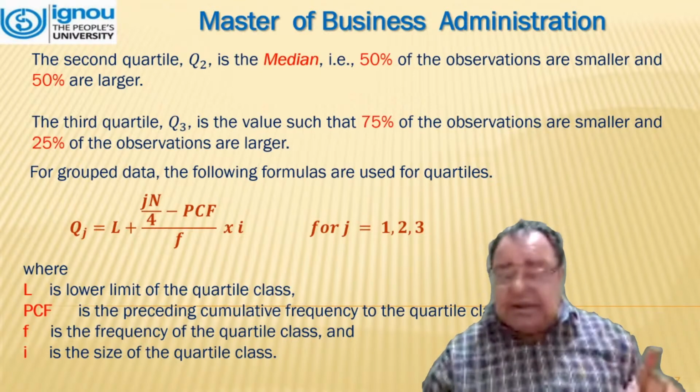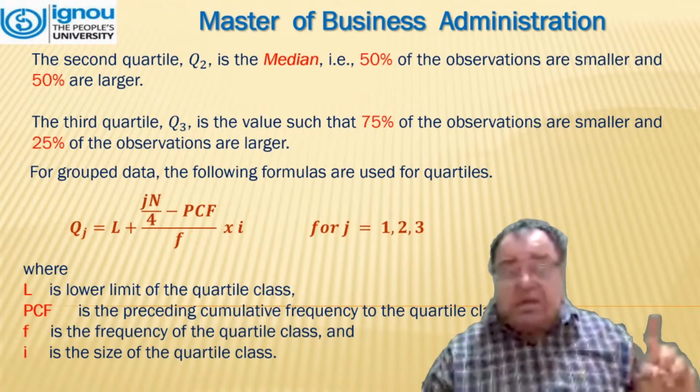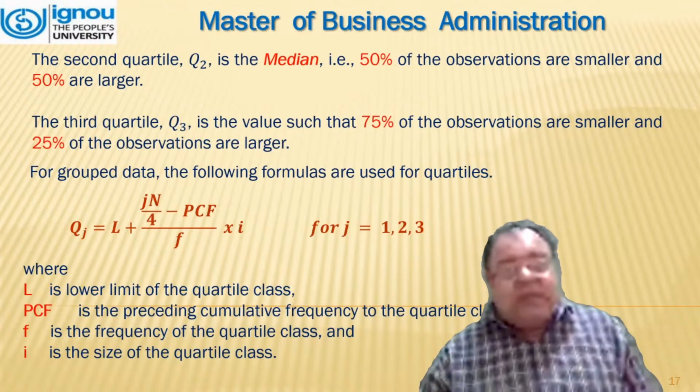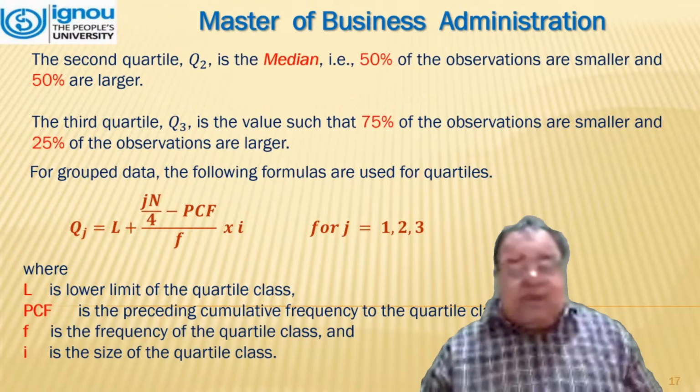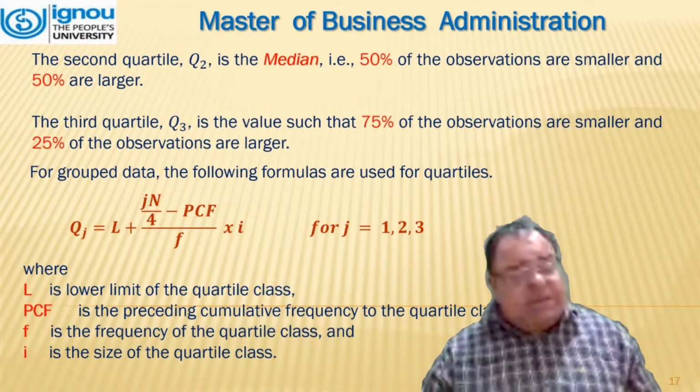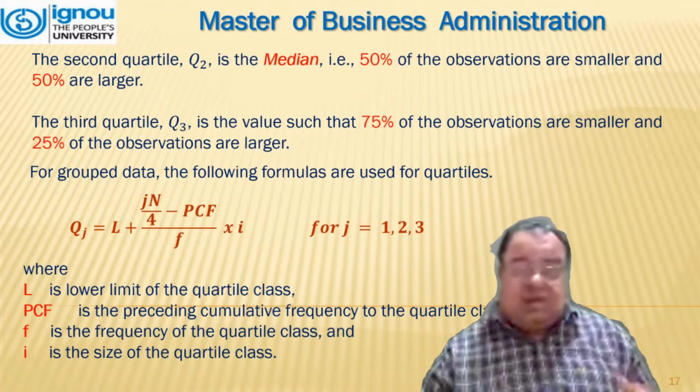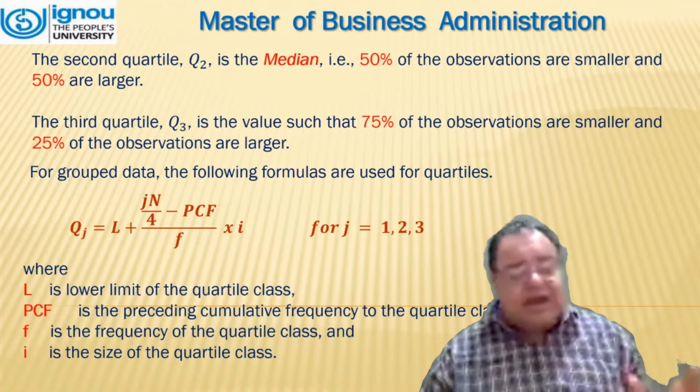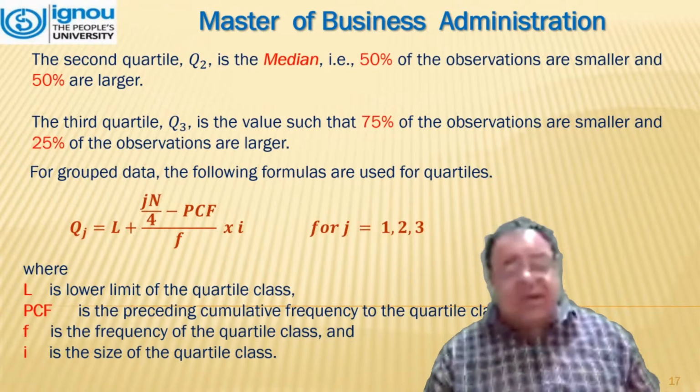Here it is Jn by 4 because we are talking about quartiles, where L is the lower limit of the quartile class, PCF is the preceding cumulative frequency of the quartile class, F is the frequency of the quartile class, and I is the size of the quartile class.